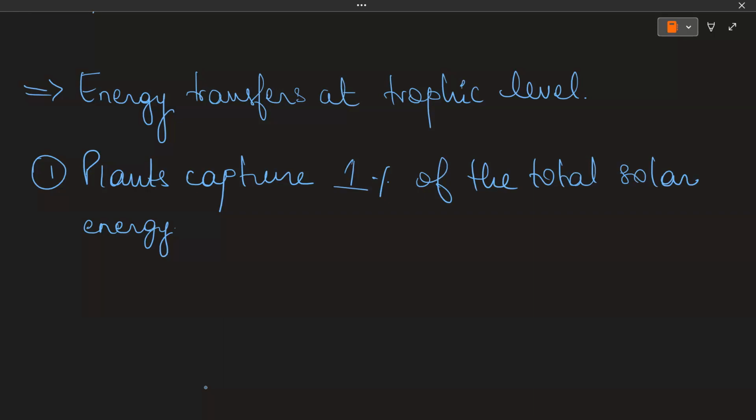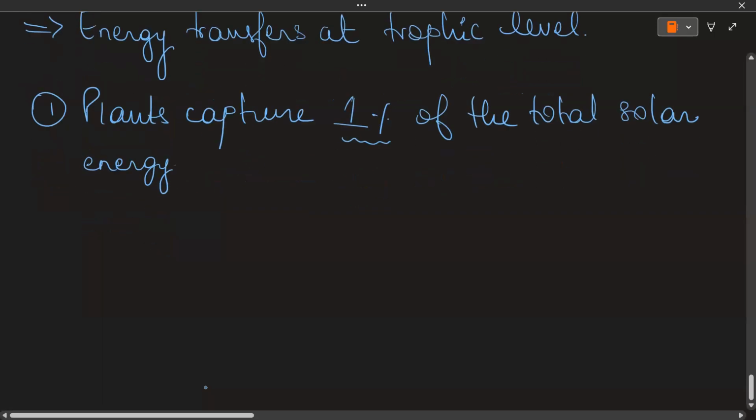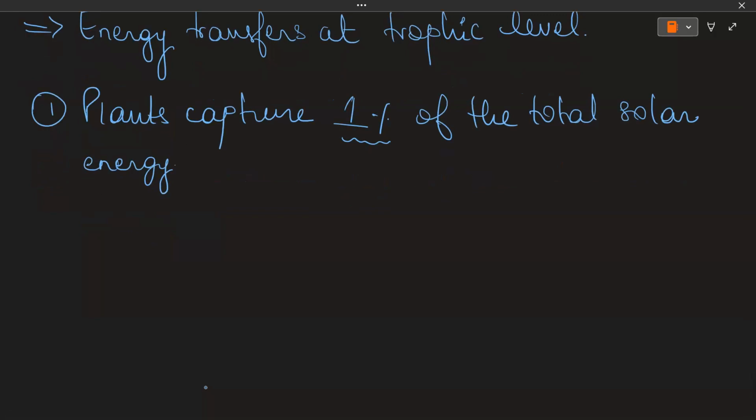Even though it is 1% only, it will still be huge. Why? Because solar energy is the ultimate source of energy. It is the biggest source of energy. Getting my point? So the amount of energy captured by the plants is 1% of the total solar energy, or you can also write it as the total sun energy.